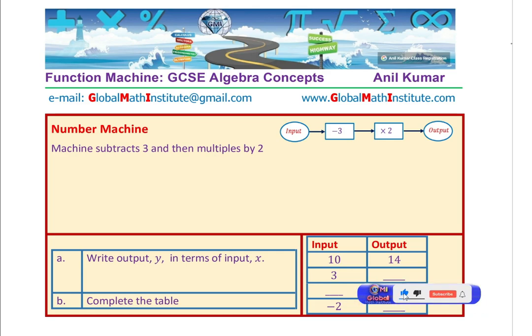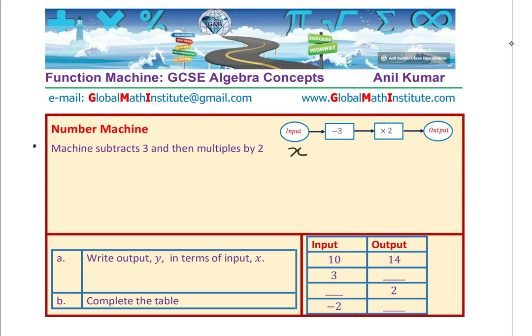So as you can see, we have an input from which 3 is to be subtracted and then multiplied by 2. The operation can be described as machine subtracts 3 and then multiply by 2. So whatever is the input, normally we'll consider input as x.